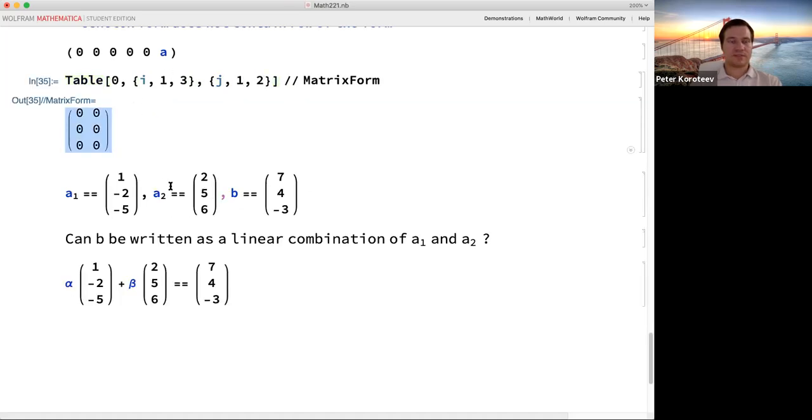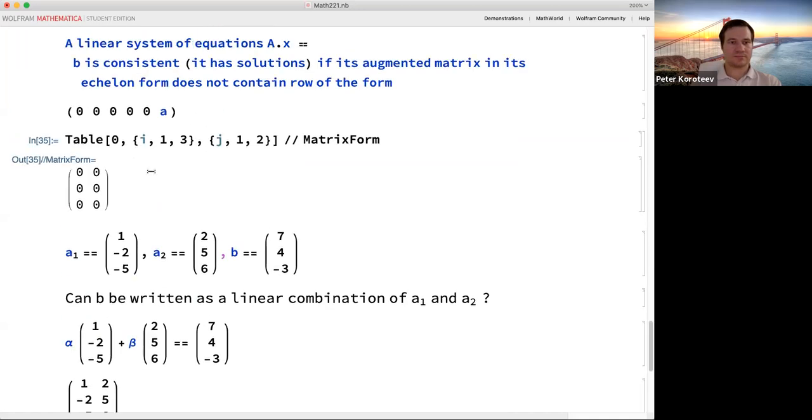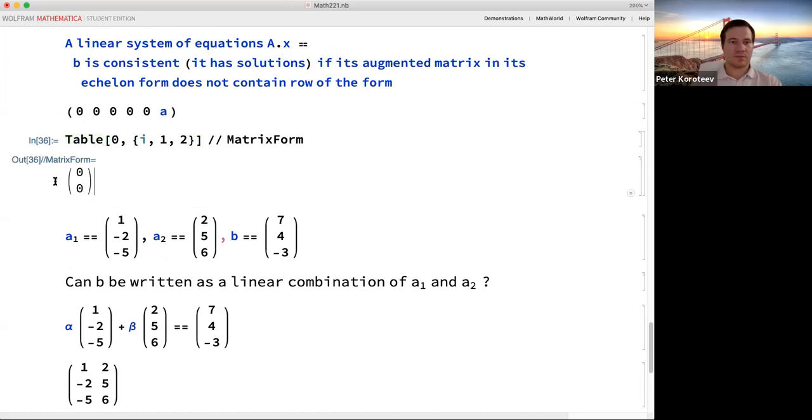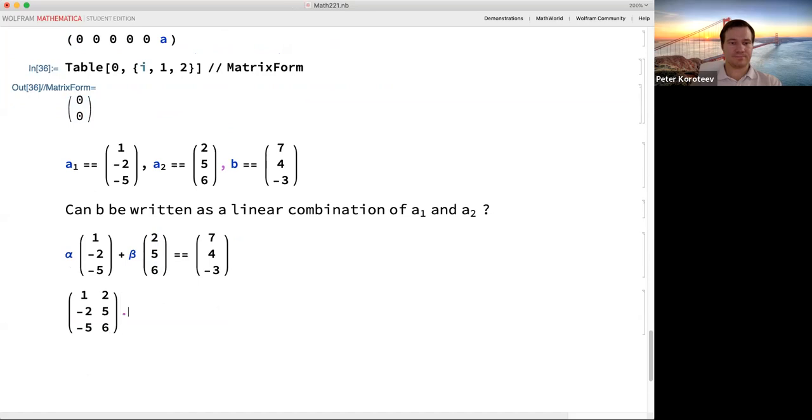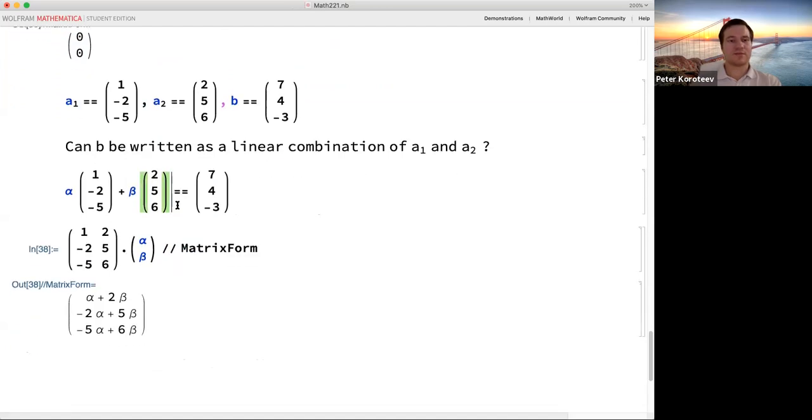So if you take the matrix like this, whose columns are given by these numbers, and then we multiply it by this vector with coefficients alpha and beta, we'll get exactly the left-hand side of this equation.